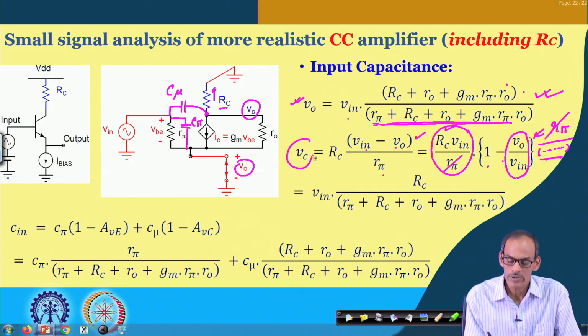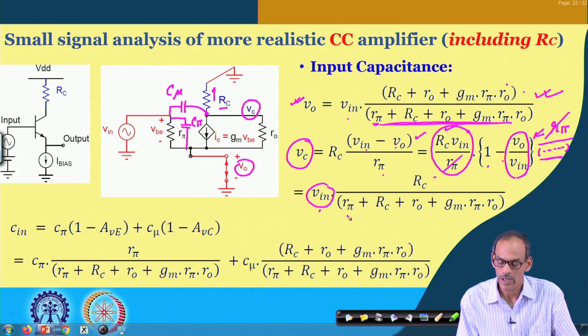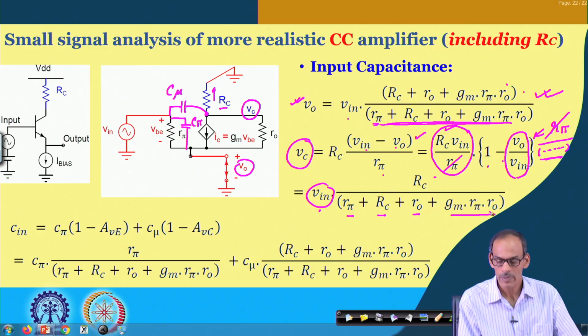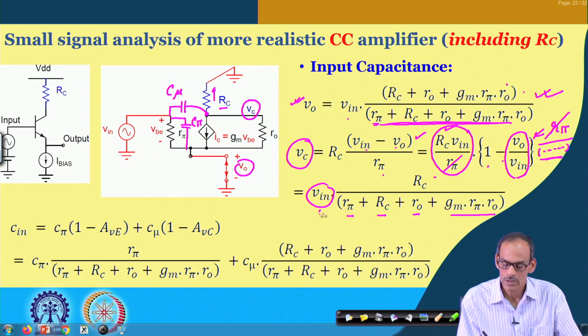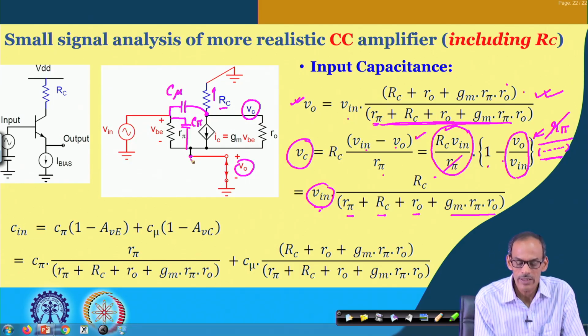So the expression of V C in terms of V in is V in multiplied by R C divided by R pi R C plus R naught plus G m into R pi into R naught. So anyway, this is as expected, this is smaller than the input voltage. Note that we are not connecting any resistance here.